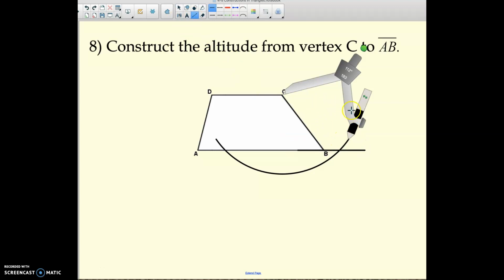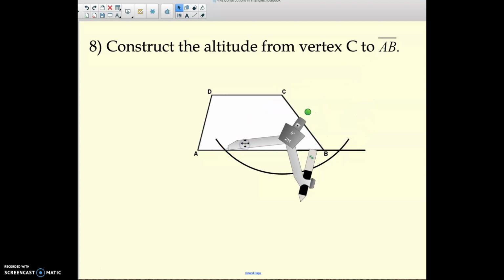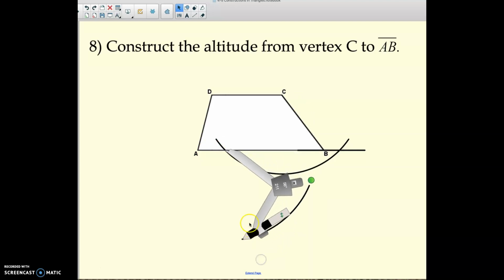Okay, and now again, you're going to take your compass and slide it out a little bit further. And then we're going to take that fixed point from up at C and bring it down to this point over here that's closer to A. And you are going to draw an arc underneath here. And then, don't change the size of that compass, don't change the setting, don't slide it.